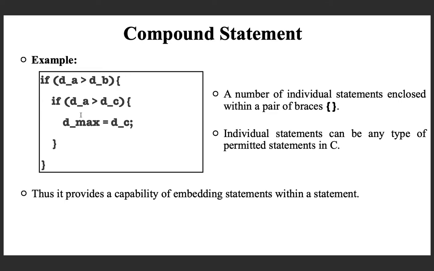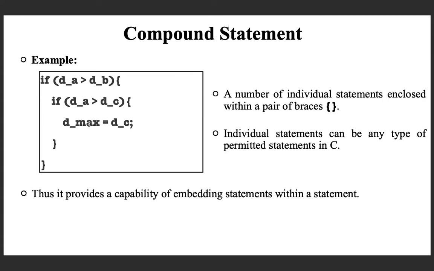So what is it doing? When it comes in, that means the value of decimal variable A is strictly greater than the value of decimal variable B. And within that, if that is true, you are checking whether the value of the decimal variable A is even strictly more than the value of the decimal variable C. You are coming inside a compound statement.